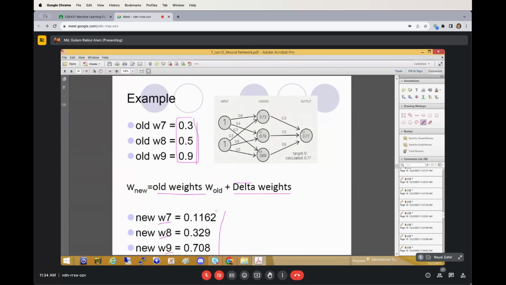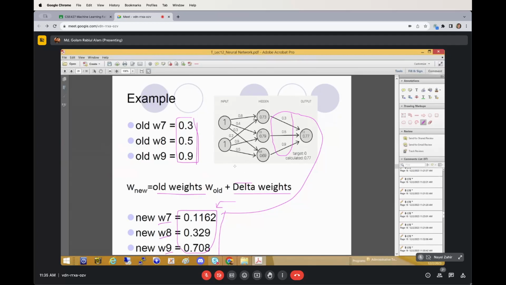It means that previously we had 0.3, 0.5, and 0.9, but in the next iteration we have to use these values: 0.1162, 0.329, and 0.708.